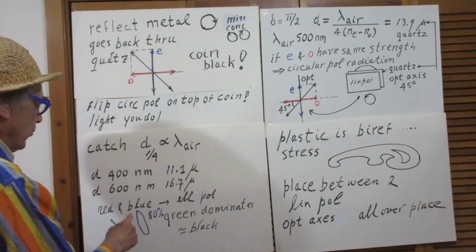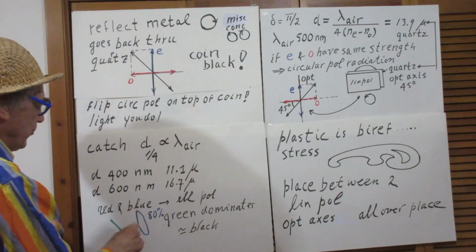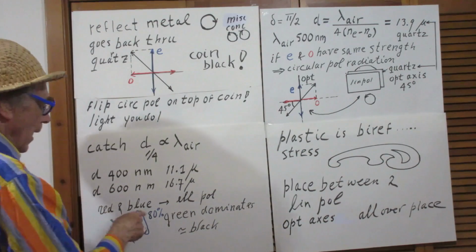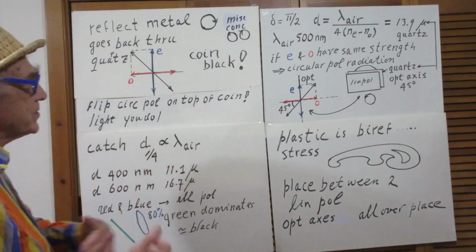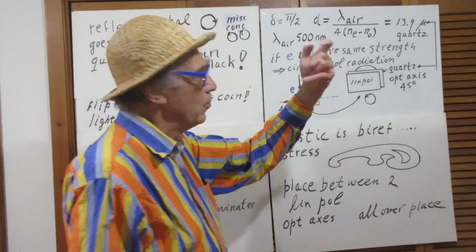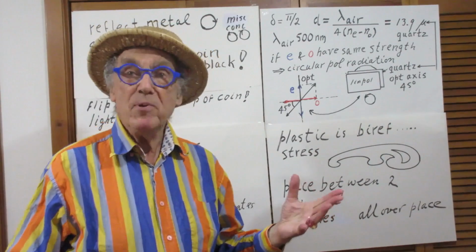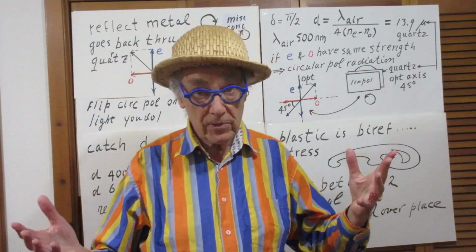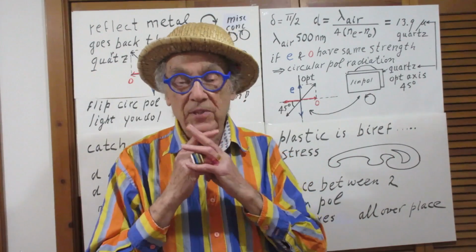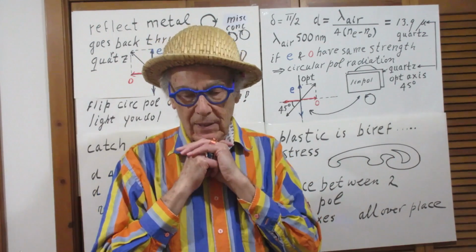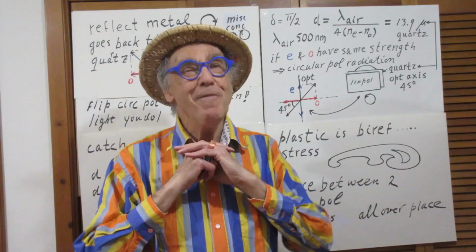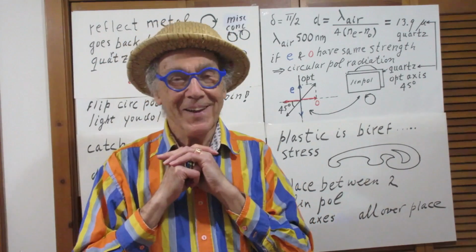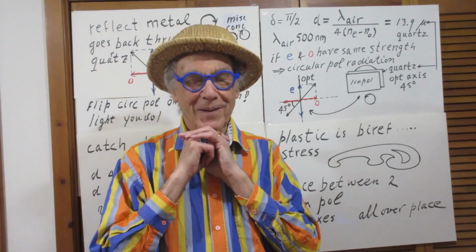So it's probably going to be elliptically polarized, something like this. And so when it finally hits the linear polarizer when it comes out, maybe only 80% of it will be killed, but certainly not 100%. So when we say the coin is black, yeah, very close to black, but not exactly black.